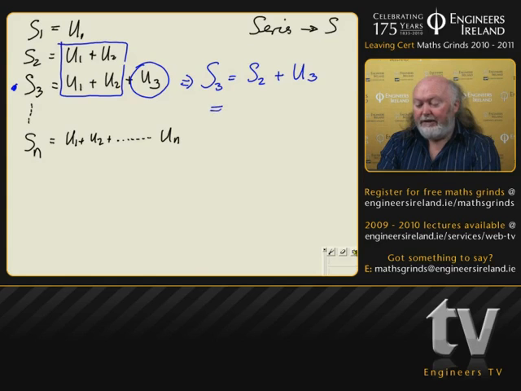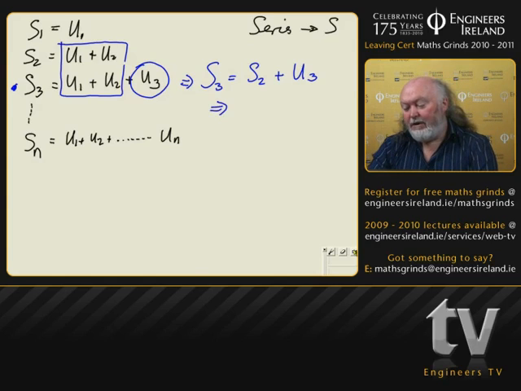Now, this also implies something else, because sometimes you're asked to work out what, let's say, the seventh term is. So one of the things you'll get from this, if we just rearrange it, we can say that u3, for example, is equal to S3 minus S2, okay?